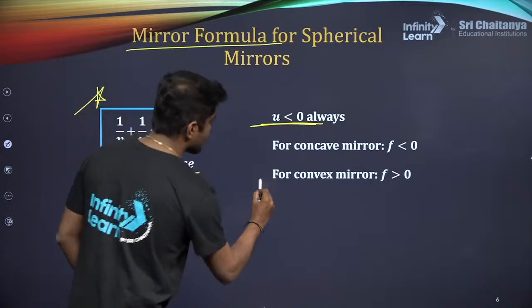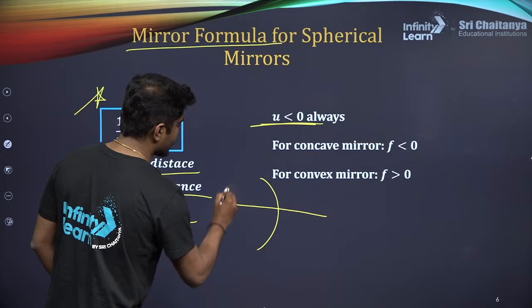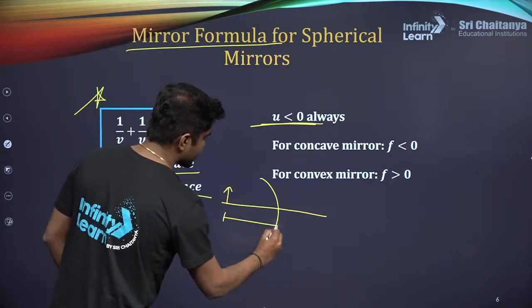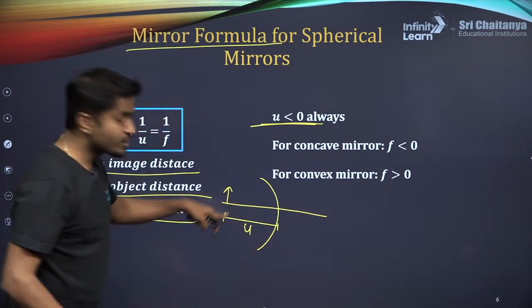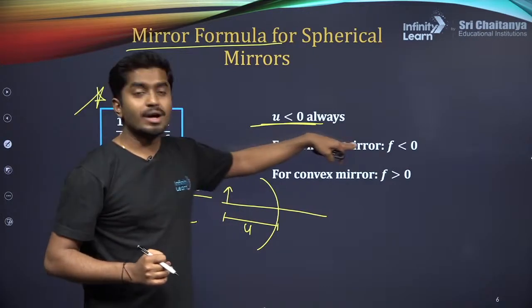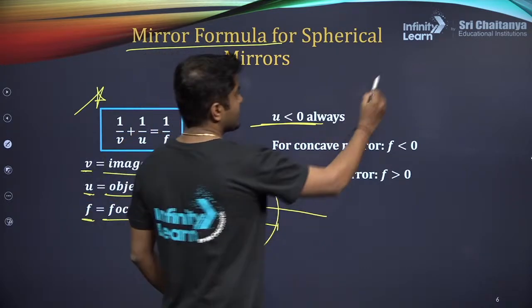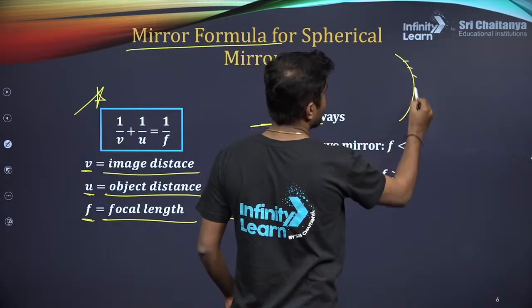So let's suppose this is your concave mirror, this is the object, so this distance is your u. U is always going to be negative. Now, how is the focal length defined? There is a concave mirror.